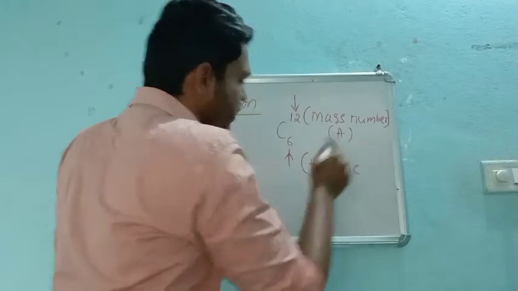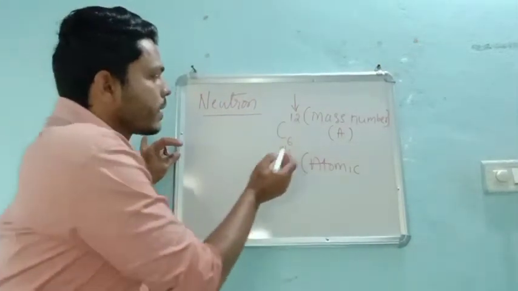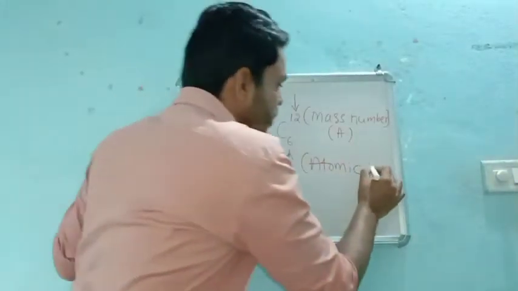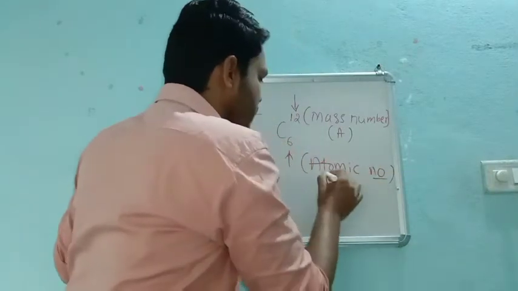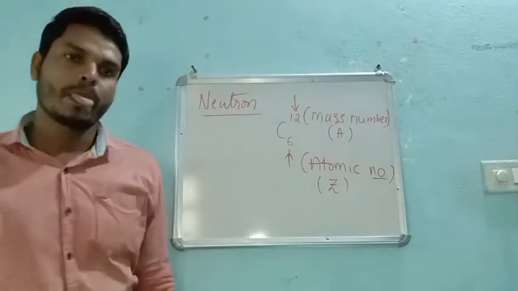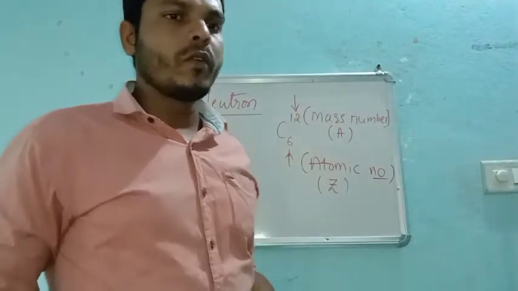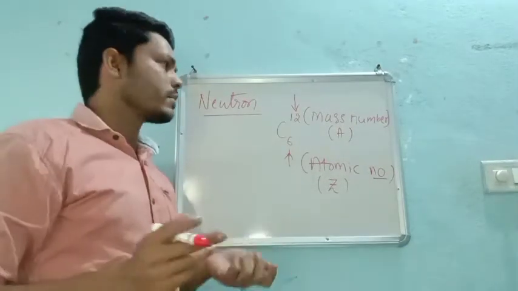Whenever there is a number present at the base of an element, that is nothing but the atomic number, and it is denoted by the letter Z, right? Very important. You don't go for the definition of mass number and all; we will see that later during the syllabus.